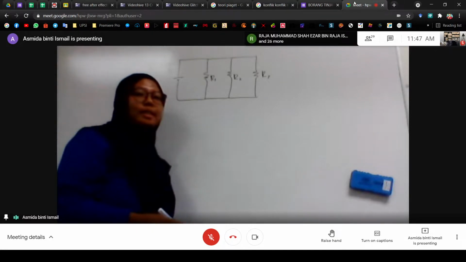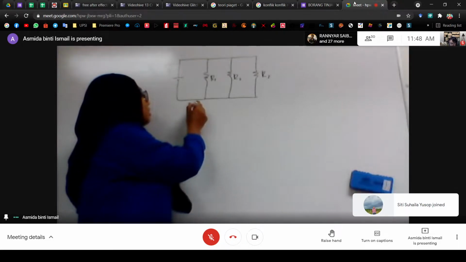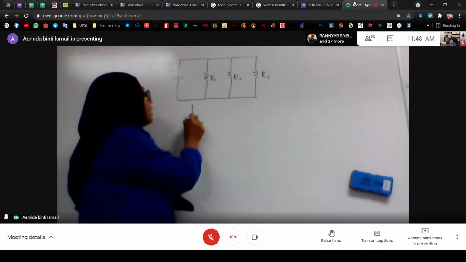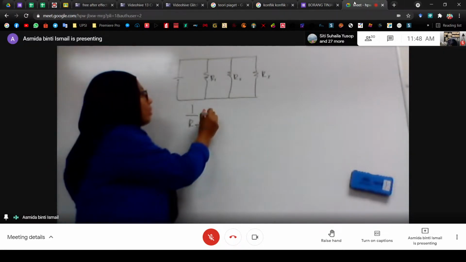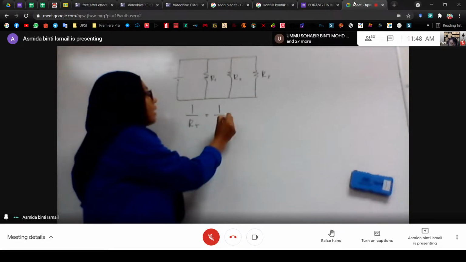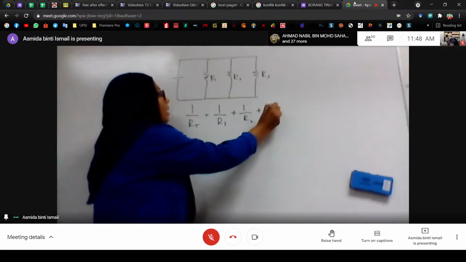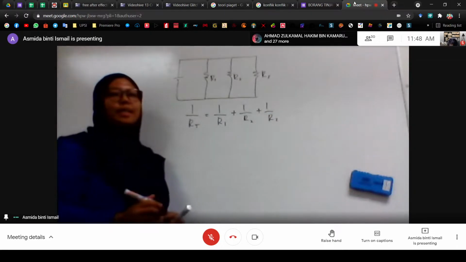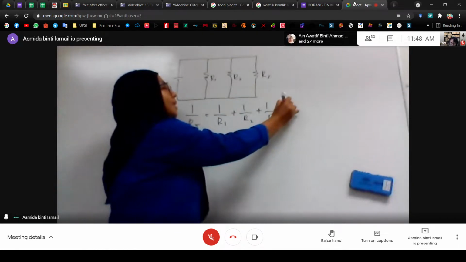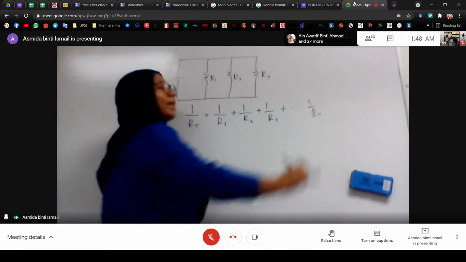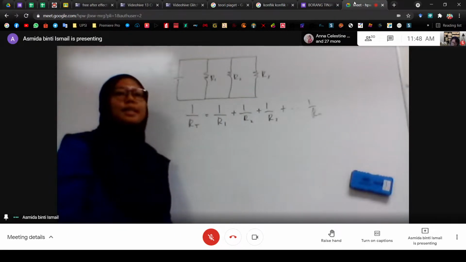For R total for the parallel circuit, you need to do like this. 1 over R total is equal to 1 over R1 plus 1 over R2 plus 1 over R3. Kalau ada banyak-banyak lagi, plus 1 over Rn. This is the formula.